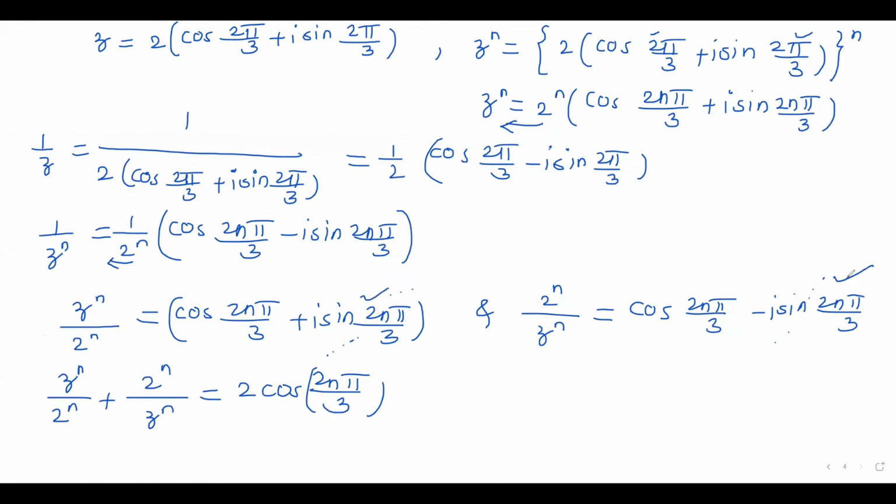Now why are we doing this? If I cross multiply these two terms, this will become z raised to 2n plus 2 raised to 2n, and here it will become 2 into 2 raised to n, right? And then here we have to see after simplification. For that I will shift to the next page.